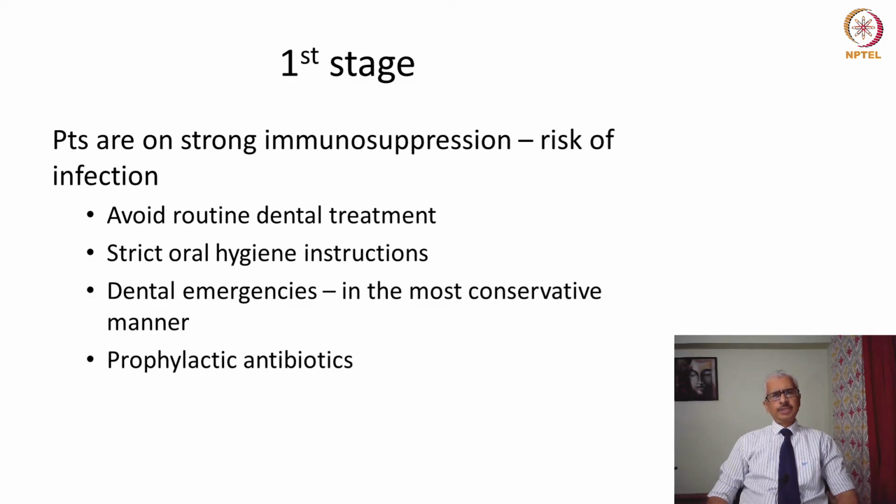If there is a dental emergency, then it is dealt with in the most conservative manner. And if any invasive procedure is undertaken, prophylactic antibiotics must be given, as they have a high risk of infection and an oral procedure can cause rejection of the graft.